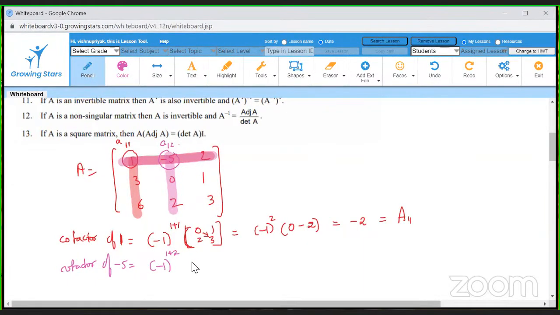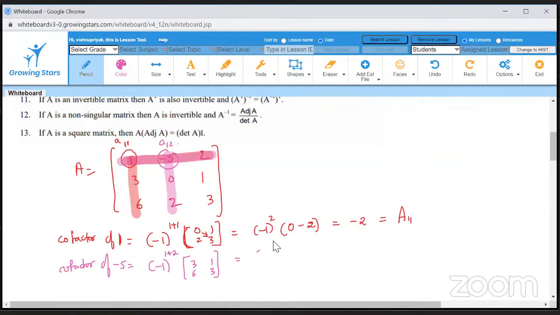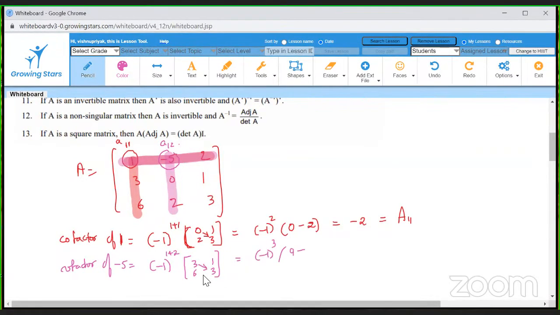What is left? 3, 1, 6, 3. Write it as a matrix. Then minus 1 cube, 3 into 3, 9, minus 6 into 1, 6. So minus 3. This is the cofactor of A12.